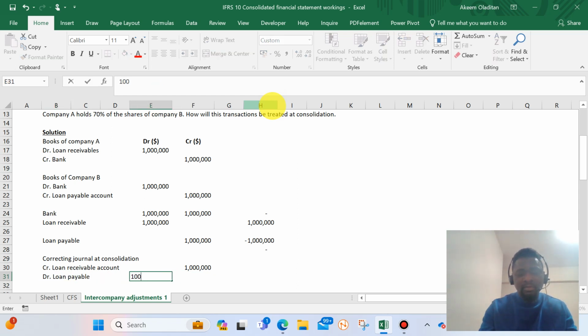So with that, those transactions will nil off in the books. This is really the simplest of what you can get in intercompany elimination.